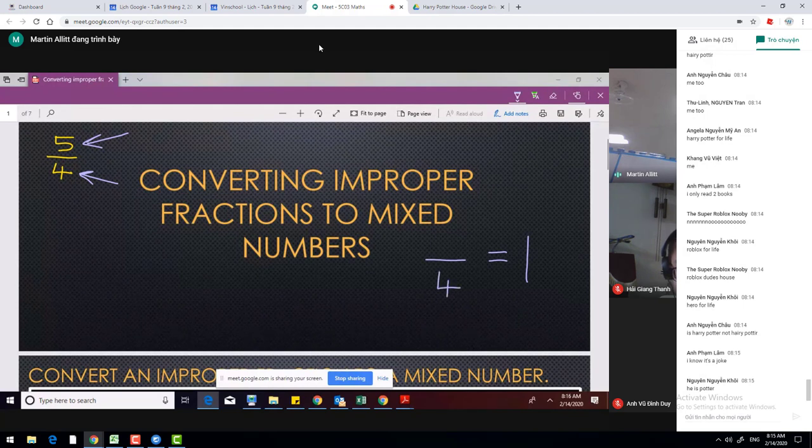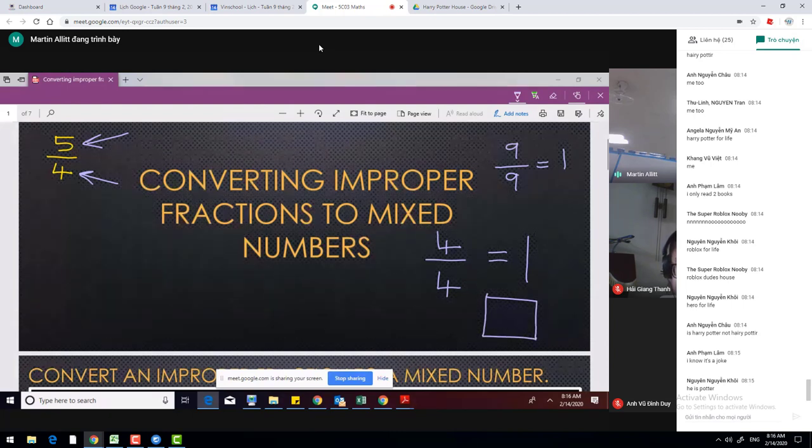Now, if I wanted to make a fraction that was equal to 1, with a 4 on the bottom, with quarters, then the way that I can do that is by having the same number on the top. Now, with any fraction, if I have the same number on the top and the bottom, it will always be equal to 1. So let's have a quick look at why that is. Let's say I take this square and I divide it into 4. I've divided it into quarters. I've divided it into 4 pieces.